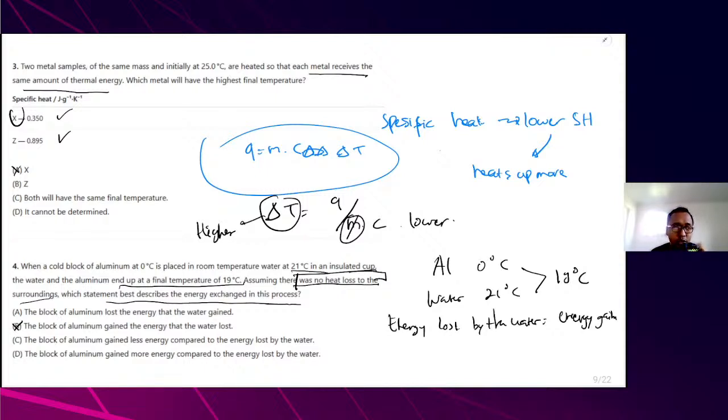And for number 4, in an insulated calorimeter, there is no energy lost to the surroundings. It is an insulated system, so no energy goes outside. Because there is no heat loss to the surroundings, the heat lost will be the same as the heat gained. Just remember that one.